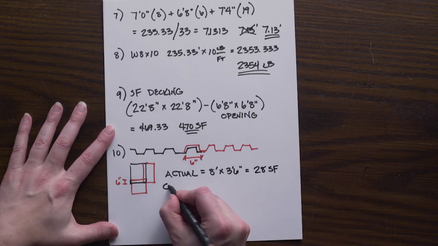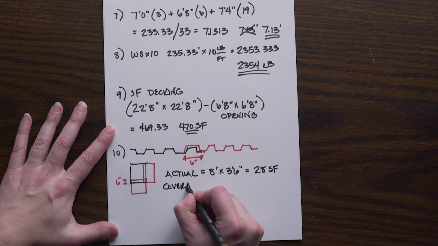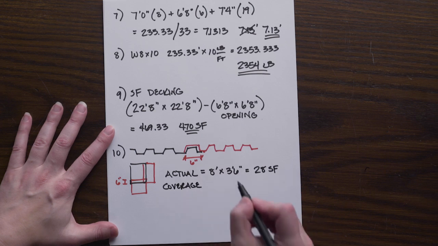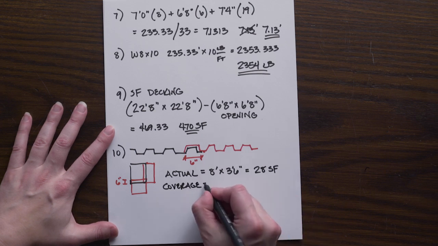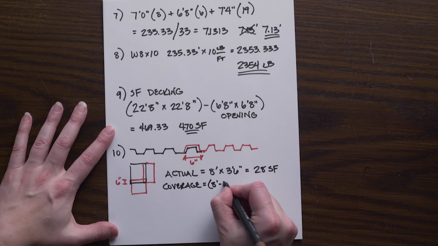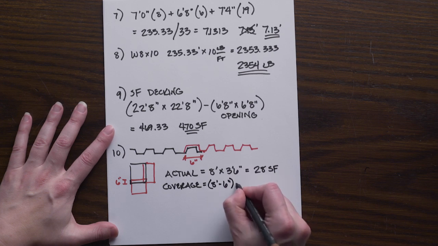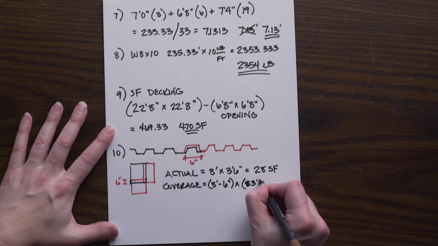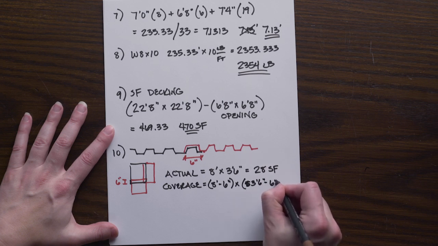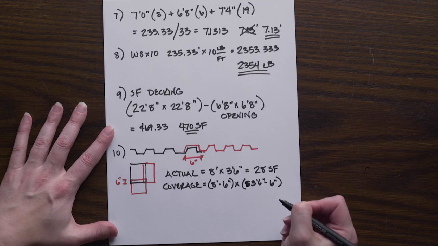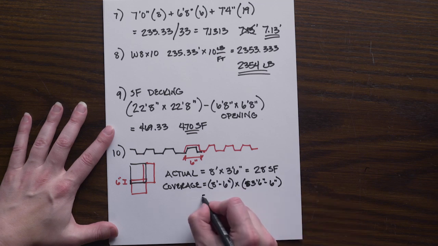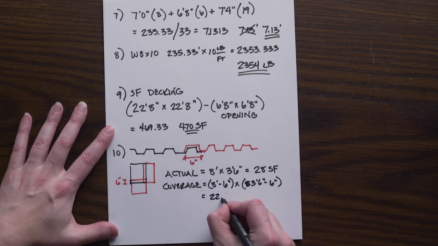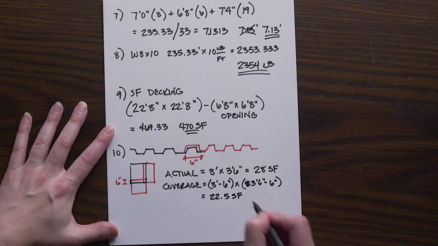But our coverage will be 6 inches less on each one of those. So it's 8 feet minus 6 inches by 3'6" minus 6 inches. From that, we can calculate that it is 22.5 square feet.